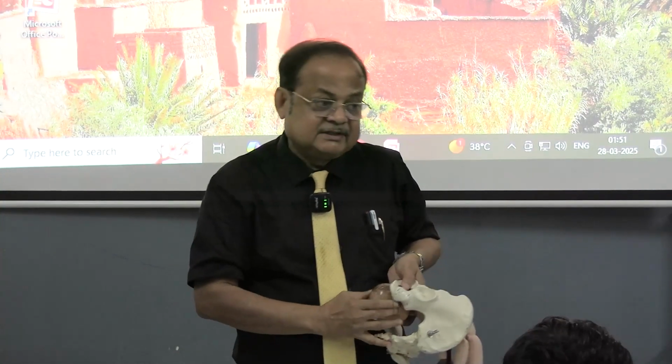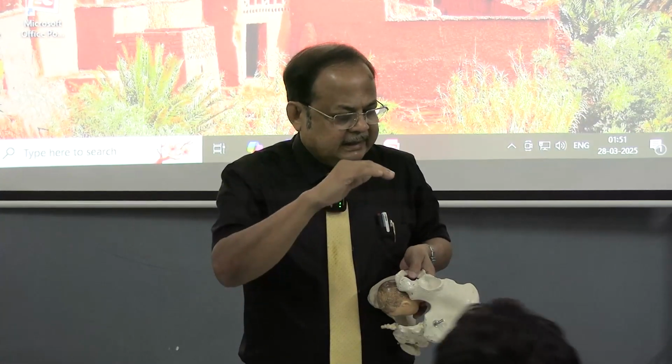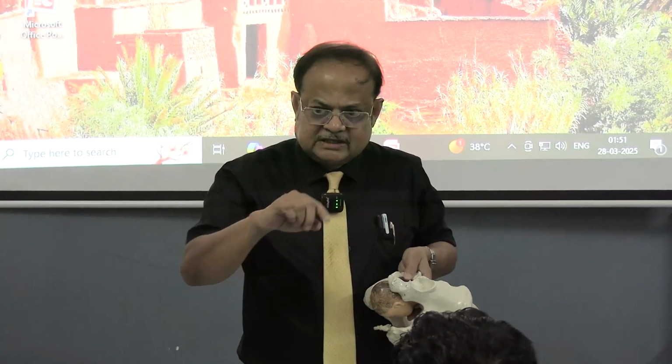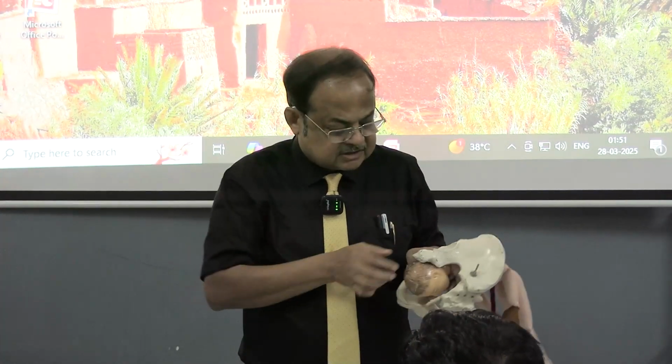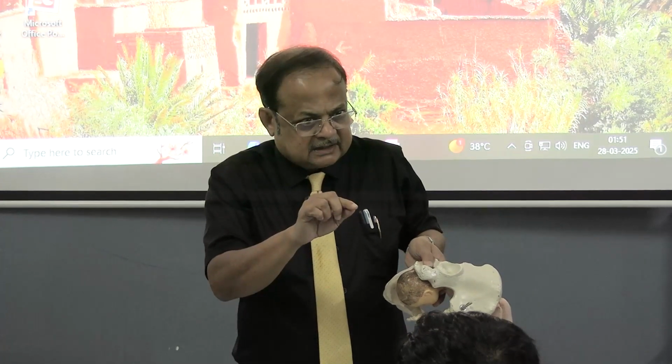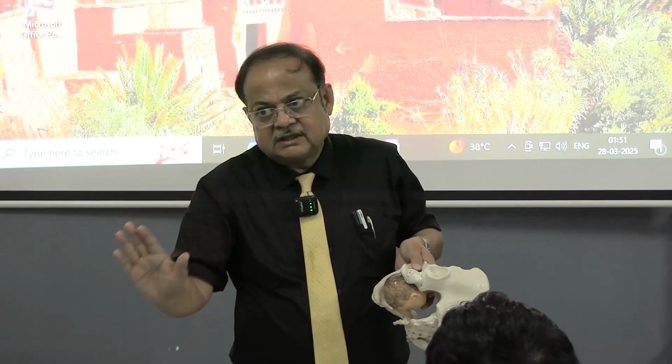And low forceps, you have to remember this definition. Low forceps means the head is at plus 2 centimeter below the ischial spine. Ischial spine to perineum length is 5 centimeter. So in low forceps, it is 2 centimeter below the ischial spine, but the head is not on the perineum.